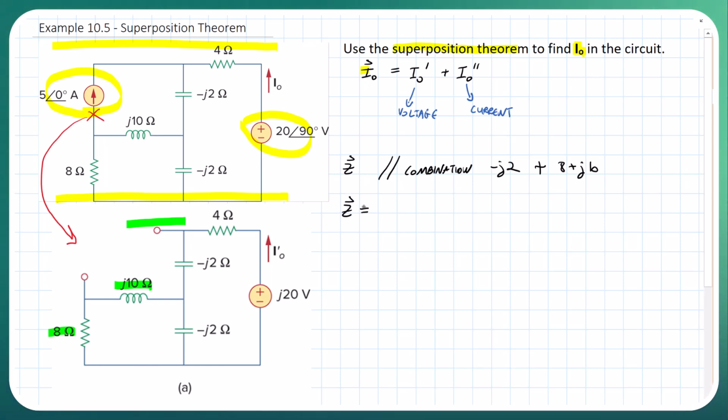Z is going to equal minus j2 times 8 plus j10, over the sum of those, so over minus j2 plus 8 plus j10. If we simplify this and plug it into the calculator, we get 0.25 minus j2.5. We'll keep this on the side.